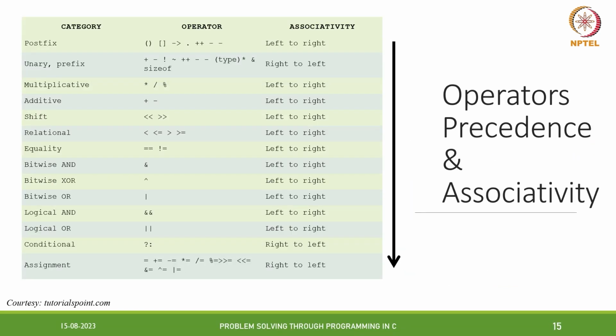You can see multiplicative, additive, then shift, then relational, right? And then the equality operators, and logical and or are much lower in the table. This is how the precedence goes towards the bottom.